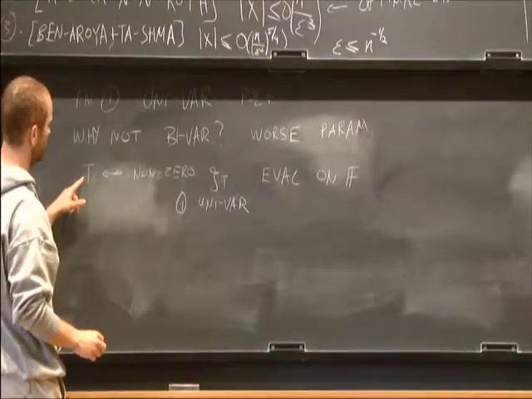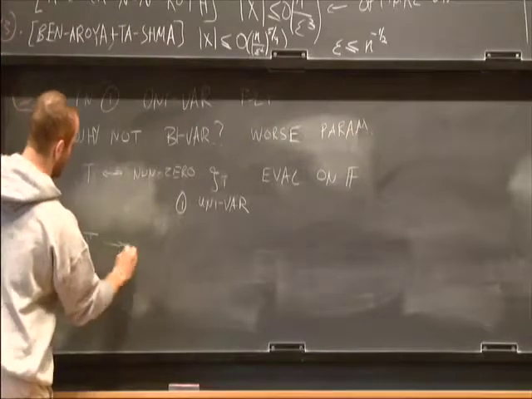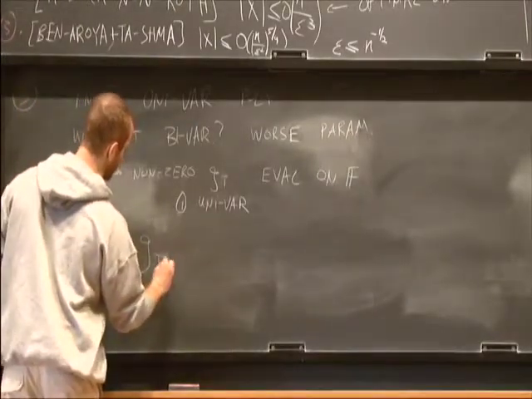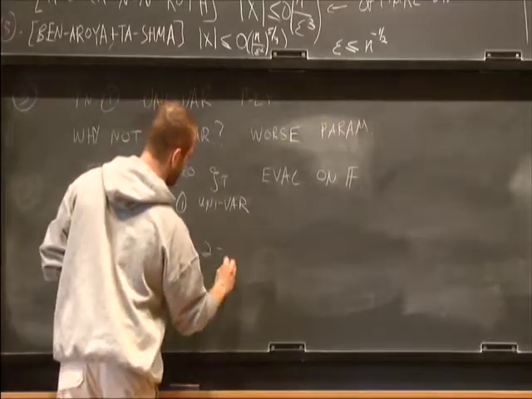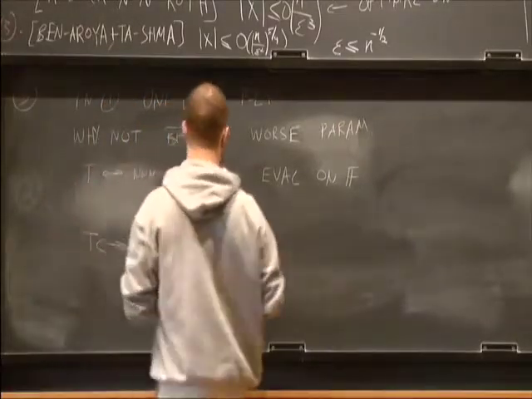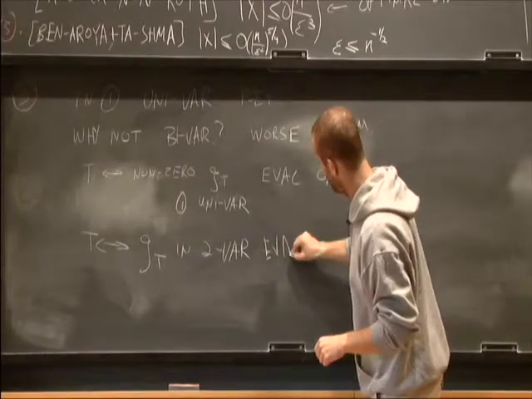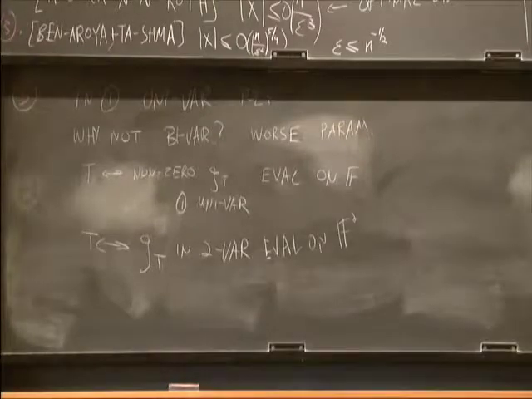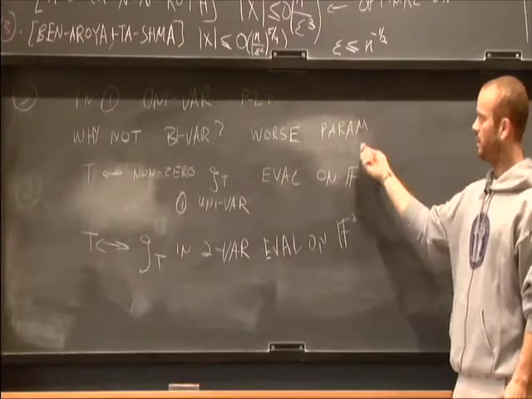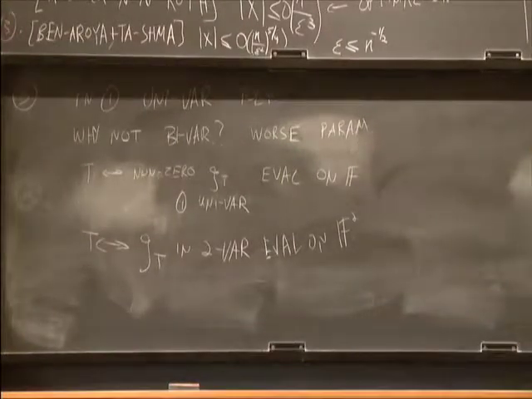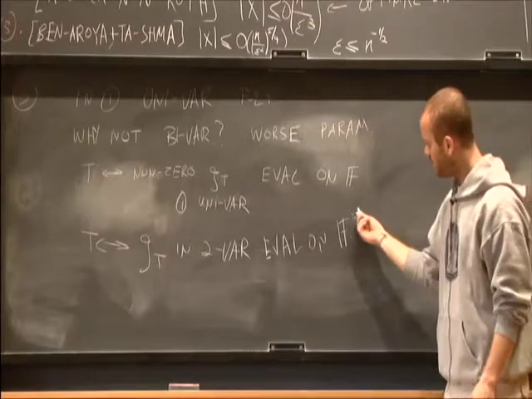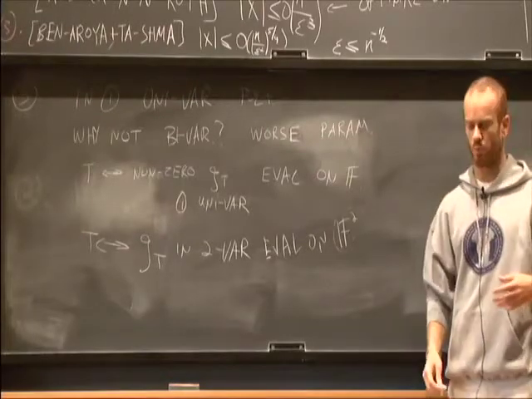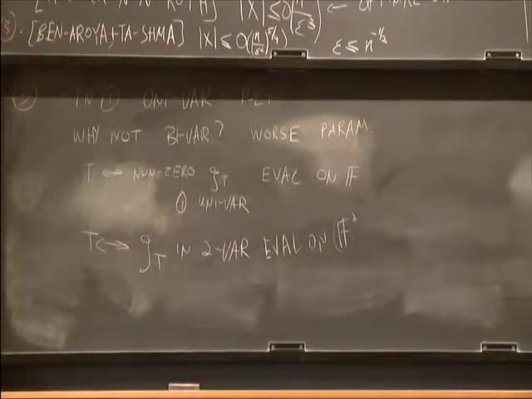We interpret T as some polynomial in two variables, and we can evaluate on F squared. This is one way to do it, and this way of thinking actually gives worse parameters. But what Goppa thought of is that this is a very wasteful way to do it in some scenarios.